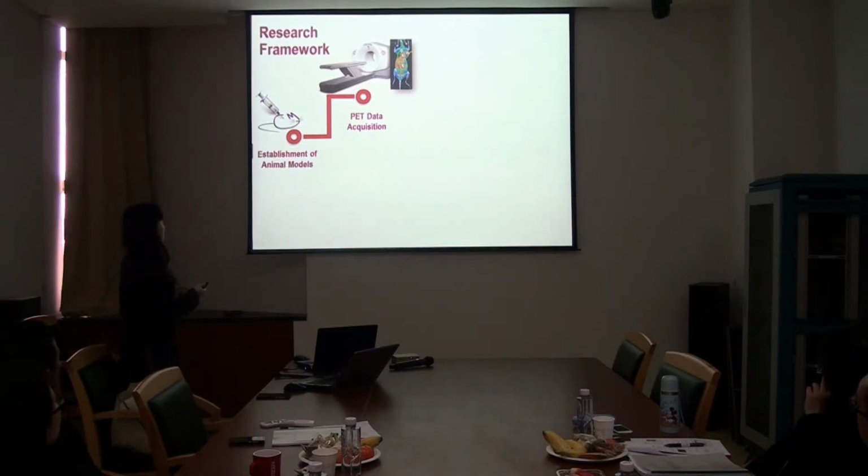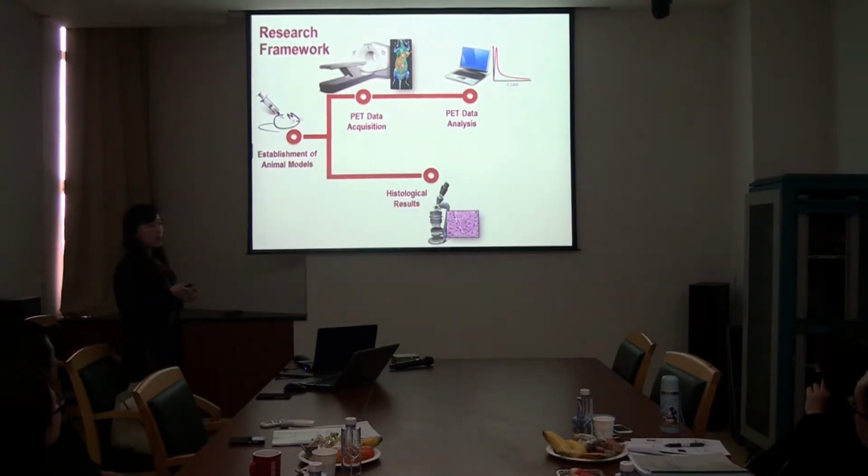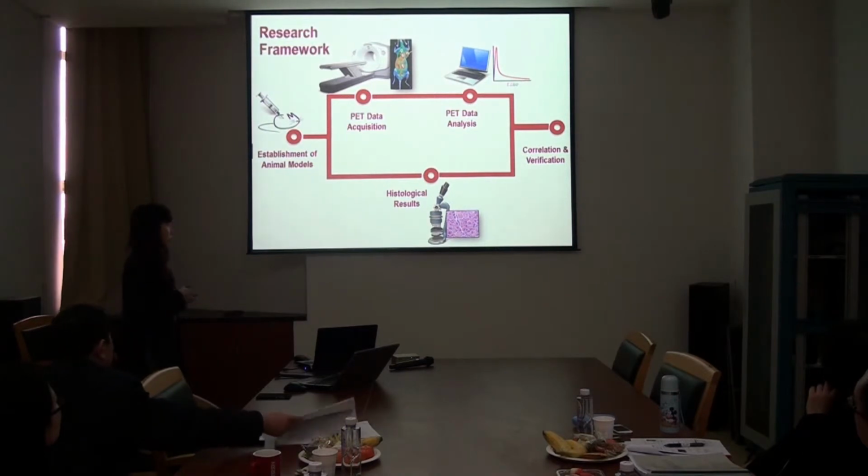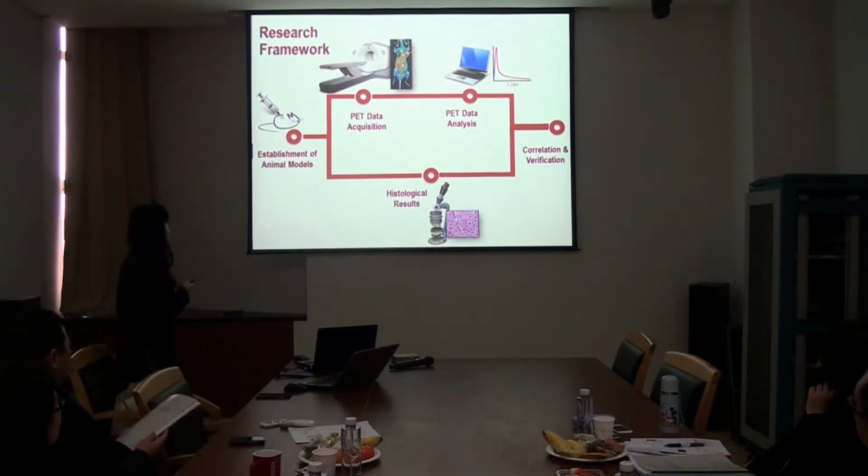The first one is dynamic PET data acquisition, and then we further analyze the data to calculate static and kinetic parameters. At the same time, we do some histological tests to confirm that we successfully built the models. And at last, we take both imaging results and histological results for further correlation and verification.